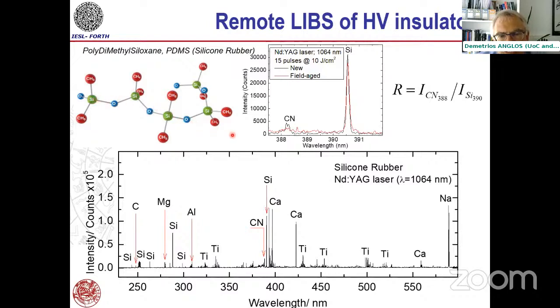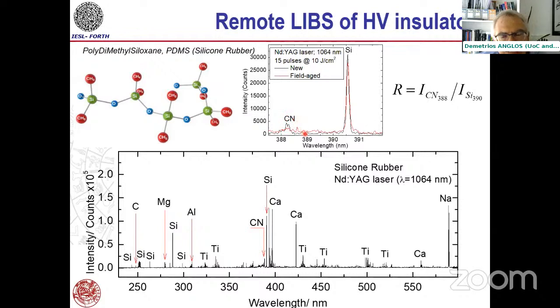There are certain techniques like FDR spectroscopy that are possible, but with the LIBS technique, we can do it from far away, and in fact, concentrating our attention on a narrow range of the spectrum, we identify an emission line from silicon, and an emission line from CN, as you see here.